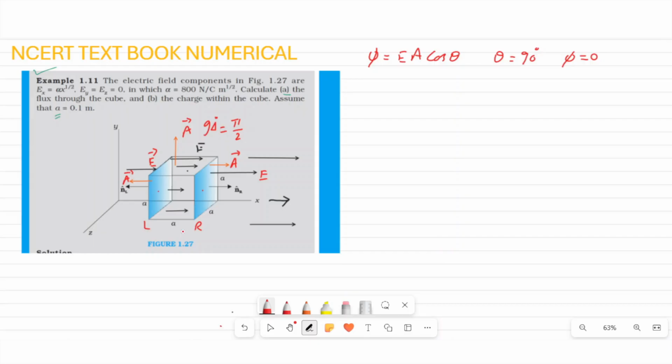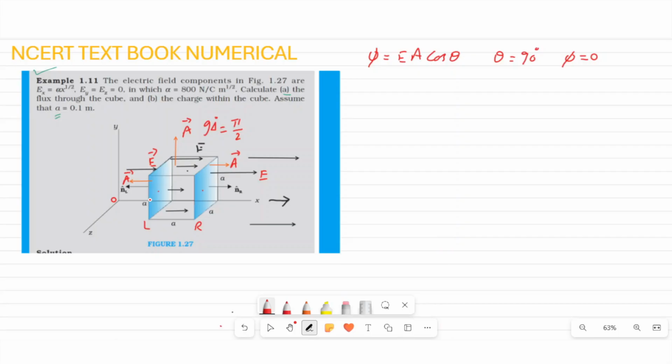This is the origin. The distance of the left surface from the origin is A, and the distance of the right surface from the origin is 2A. So the right surface is at 2A distance and the left surface is at A distance from the origin. The formula of the electric field is given to us in the question.